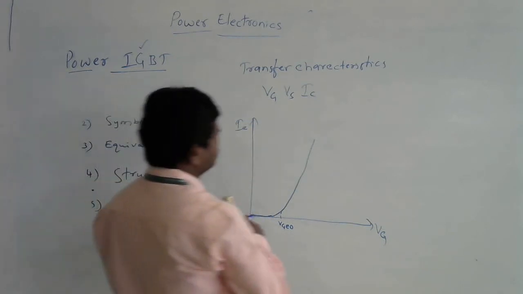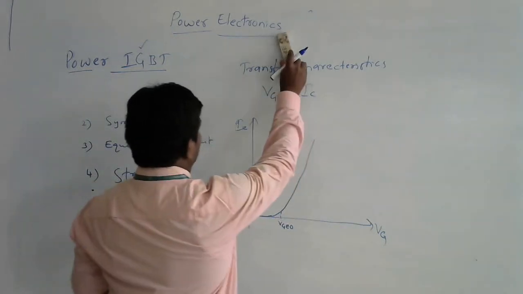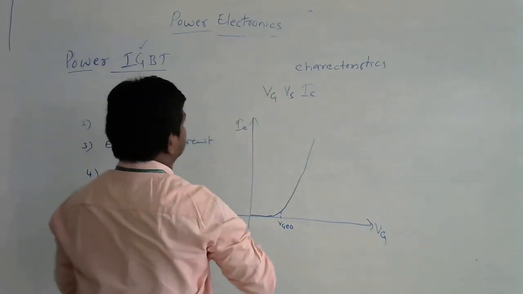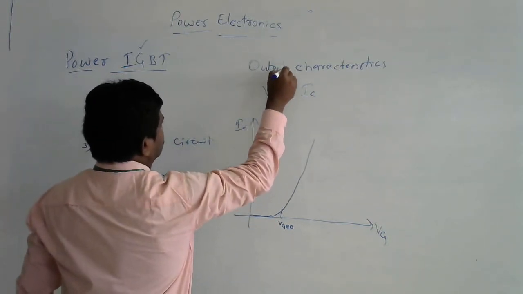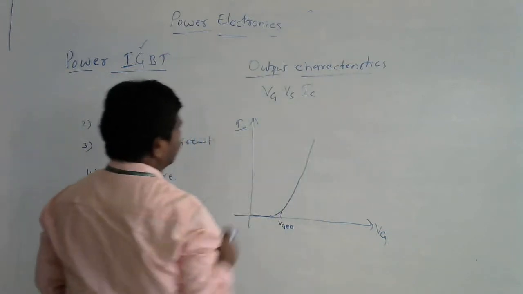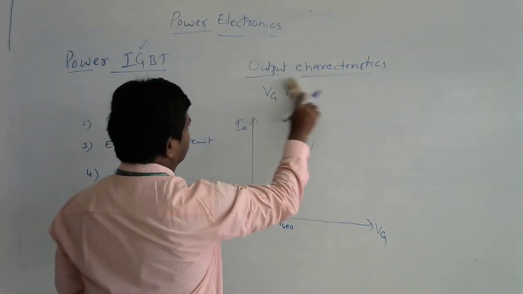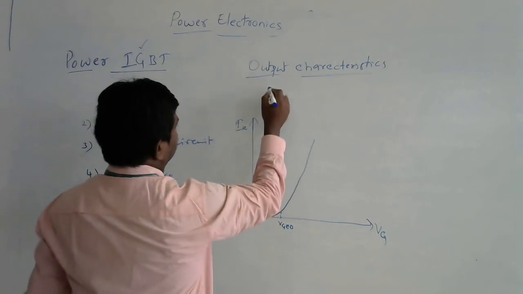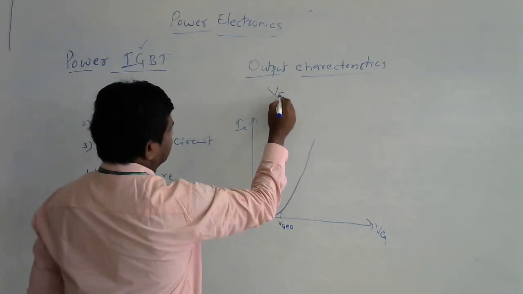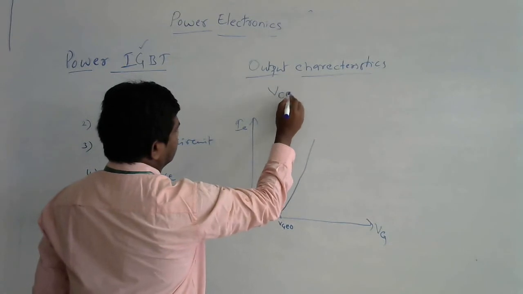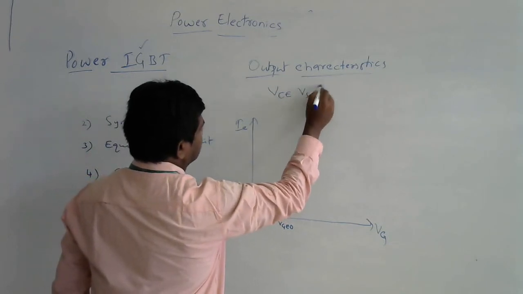Next we'll see the output characteristics, or performance characteristics. Output characteristics are drawn between output parameters. What are the output parameters? Very simple: VCE versus IC.